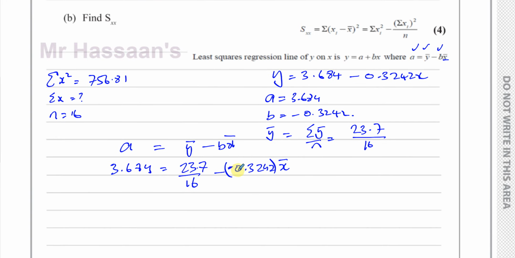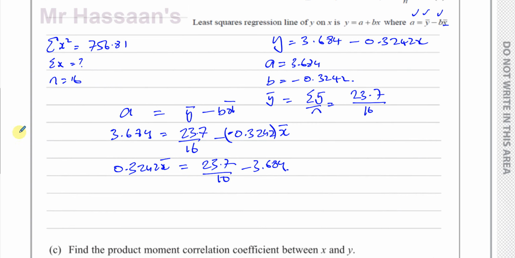And we can now solve this equation. This will become positive. So when you move it to this side, subtracting it from both sides, you're going to get 0.3242 x bar equals 23.7 over 16 minus 3.684. That's going to be negative, as I said, because it's positive here.